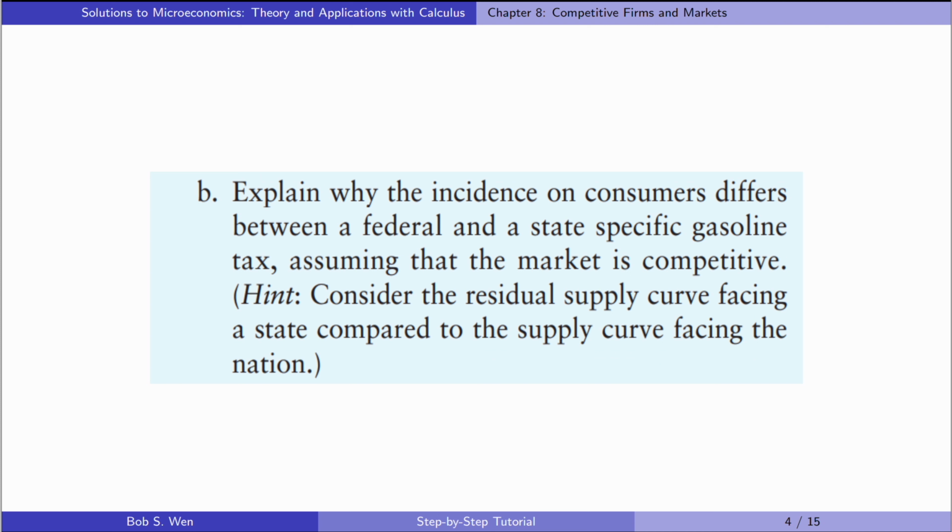In Part B, explain why the incidence on consumers differs between a federal and a state-specific gasoline tax, assuming that the market is competitive.